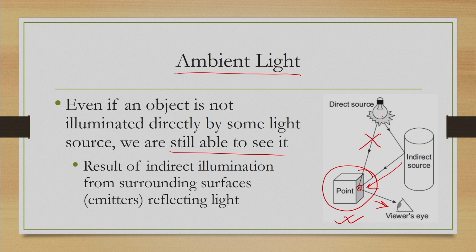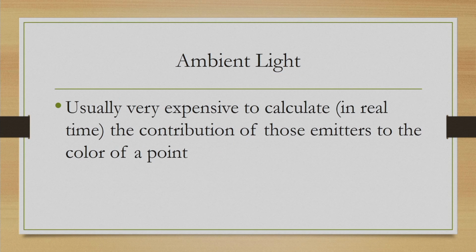So, we get to see this point because it gets light from this indirect source. Now, this is indirect illumination from surrounding surfaces, and that also is one type of light source, which we call ambient light.